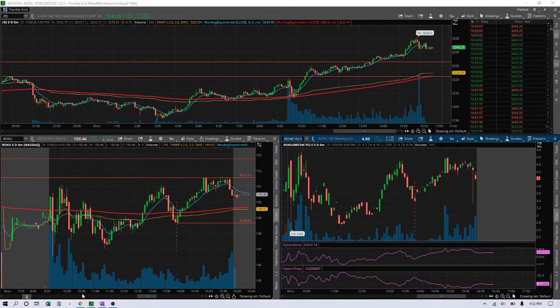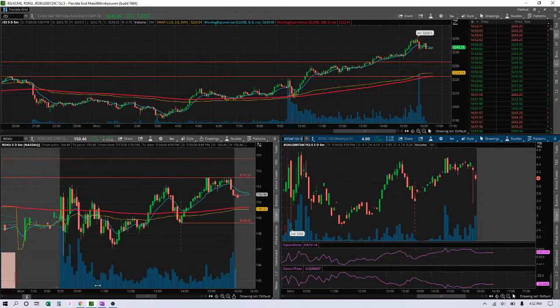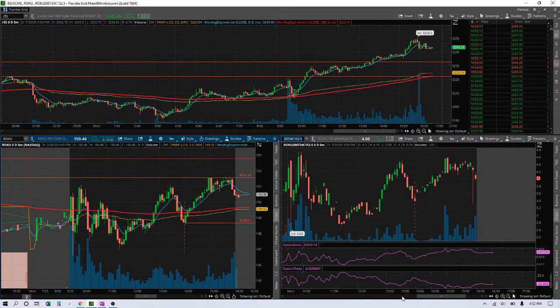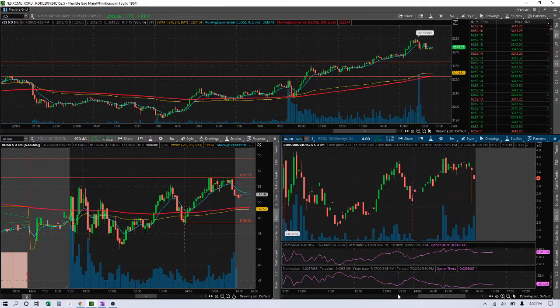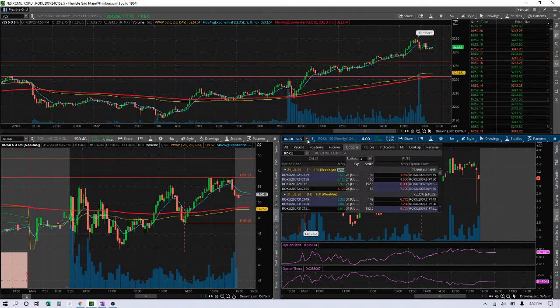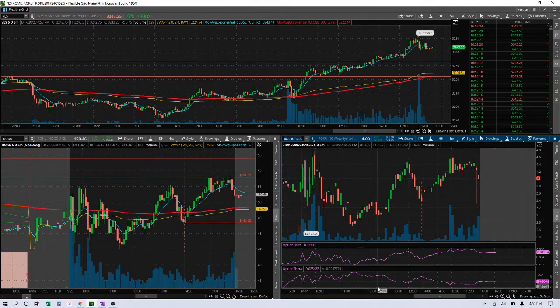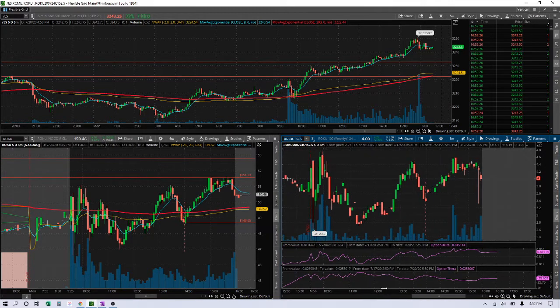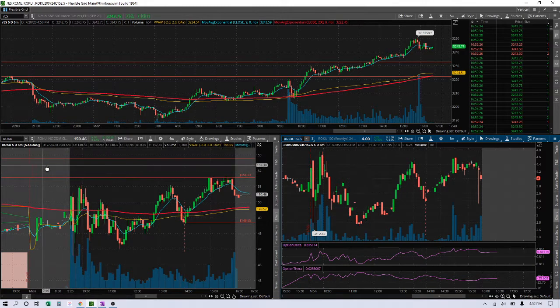151.6563, it looks like. And so what happens there is theta affecting the option as time is passing. This option contract expires at the end of this week. It's a weekly, so theta is affecting this contract pretty hard in comparison to how it has in the past, because when you're really far out, theta doesn't affect it that much, and then as you get closer, it starts to affect it more and more.